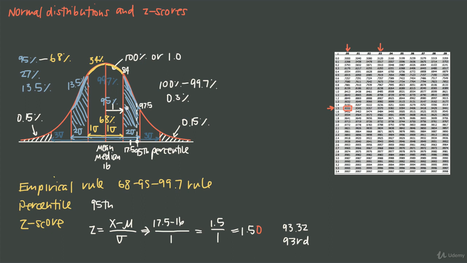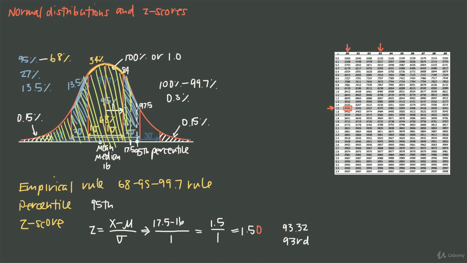So if we come here to 1.5 standard deviations where our 17.5 is, all of the area under the curve below that, all of this, is 93.32% of the total area under the curve.